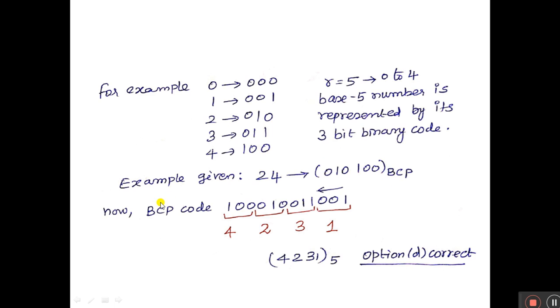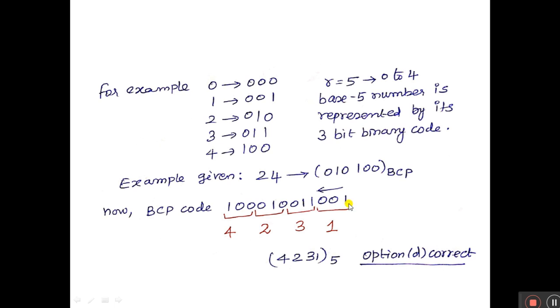So accordingly, as per the question, they are asking to calculate the digits for this BCP code. I am splitting this code from the right extreme as 3 bits. So I split as 100, 110, 010, 001.